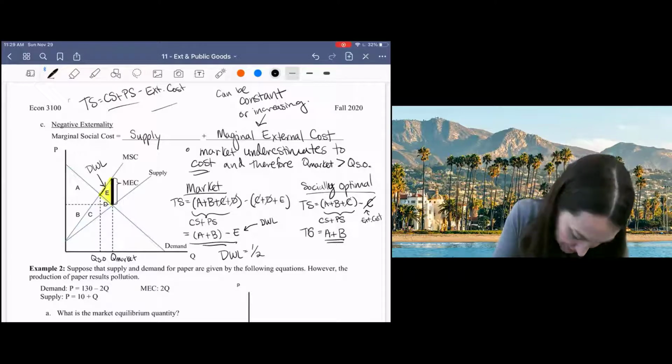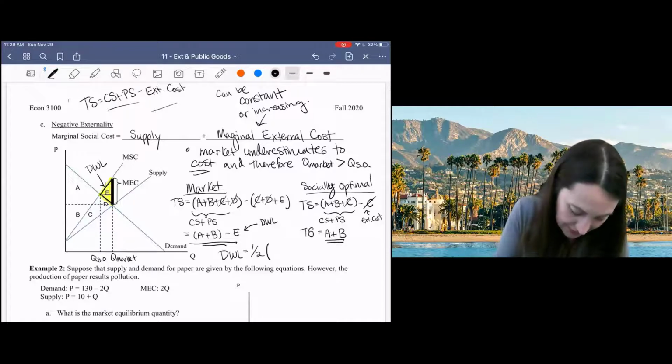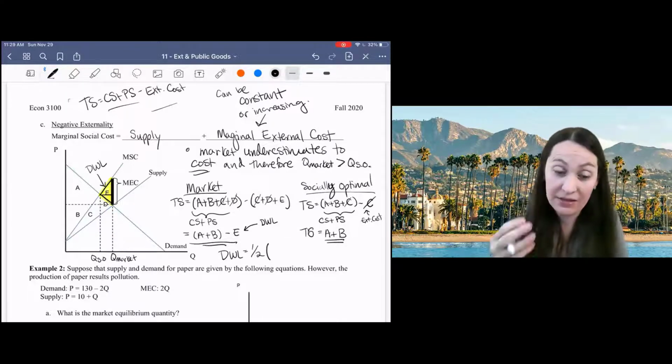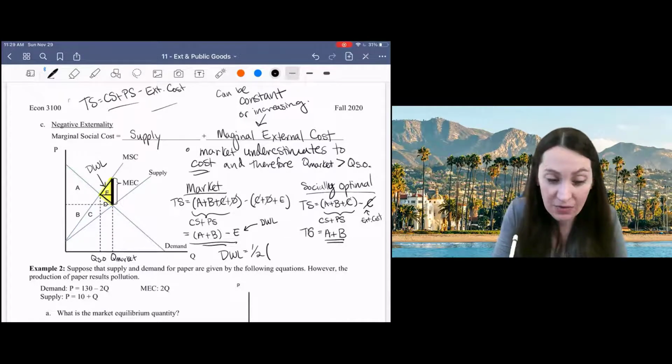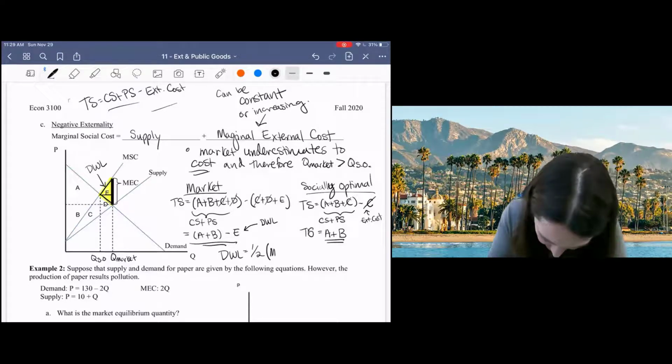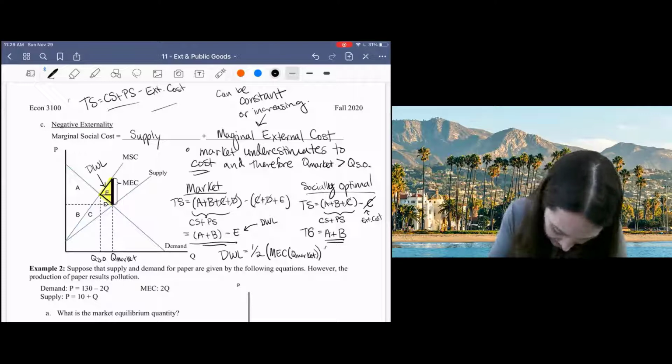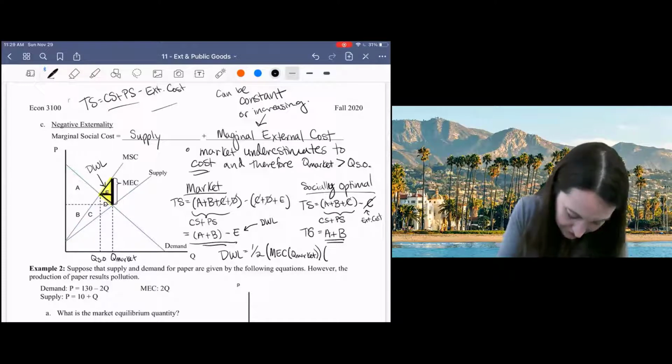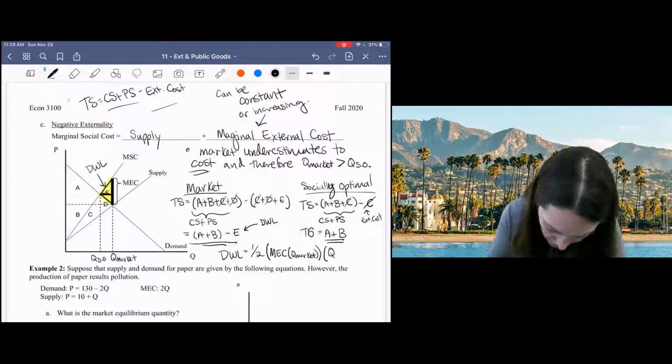which is going to be equal to 1/2 times the height of the triangle, which is the marginal external cost at the market equilibrium. And then the width of the triangle is again the difference in the quantities.